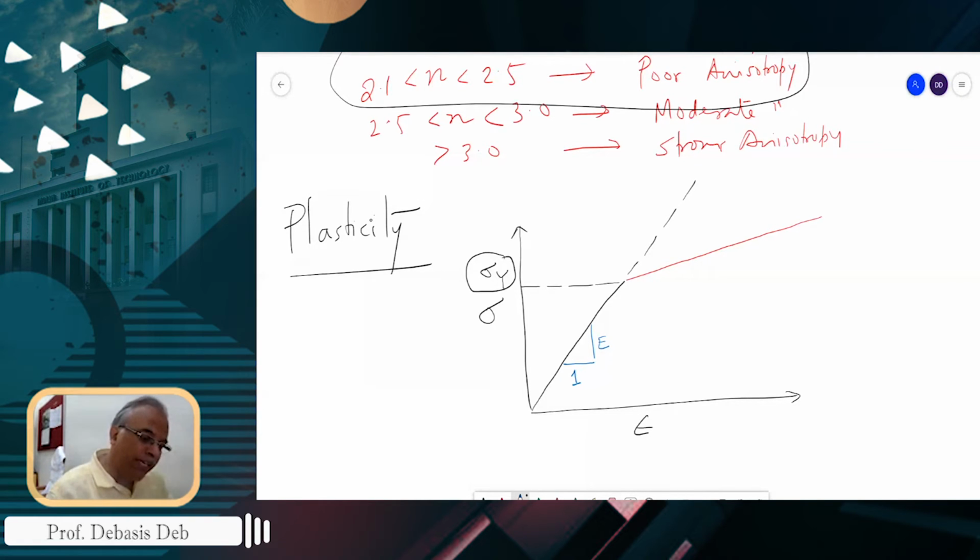Now, normally in plasticity, I already defined for you that from here to here is the plasticity. We do not consider the total strain because, as I told you, this is not a straight line. Normally this is a curve, and after some time it falls.